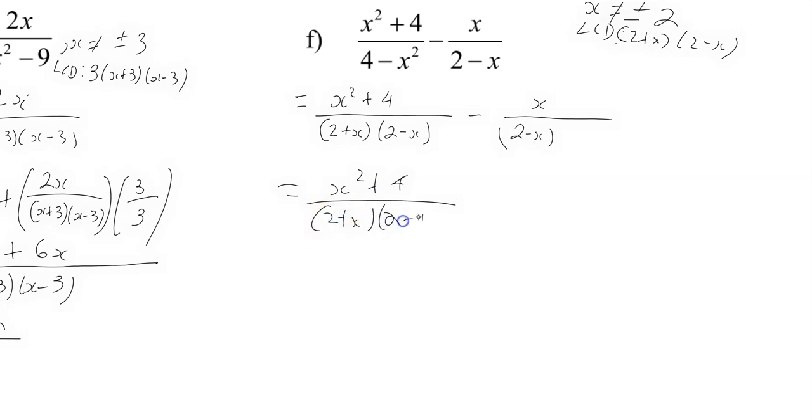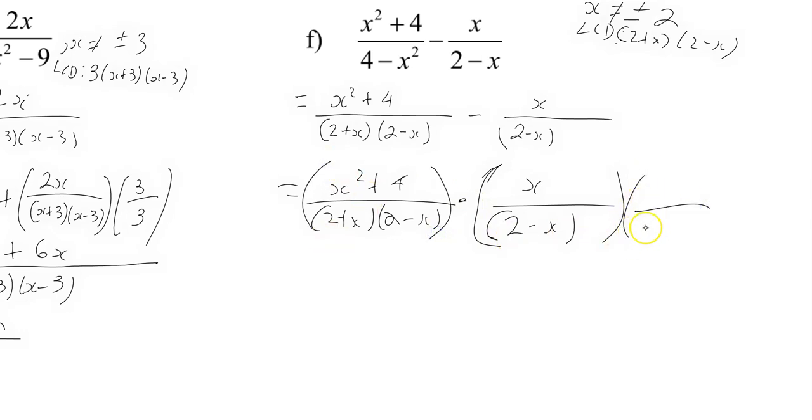Plus x, 2 minus x over 2 minus x. Let's not lose that minus sign. So minus, maybe put this in brackets. This is going to need a 2 plus x, and another 2 plus x here.